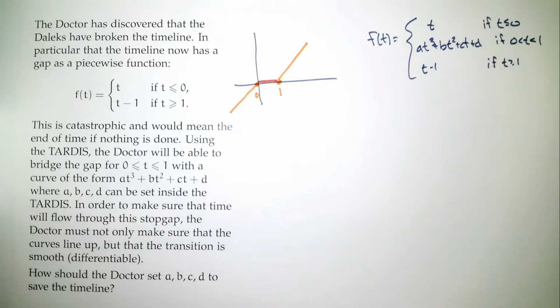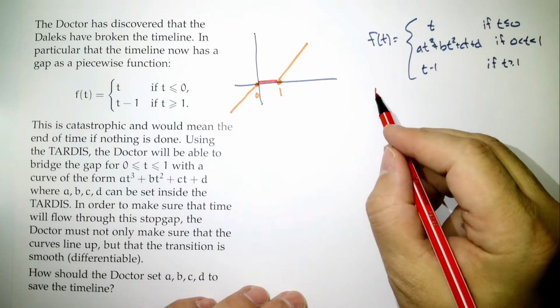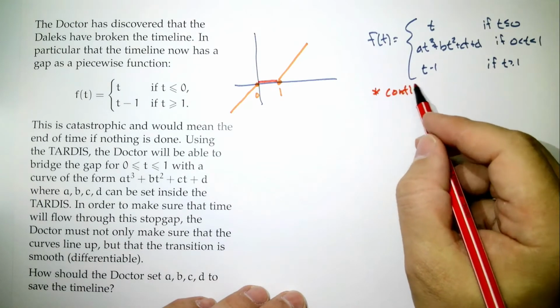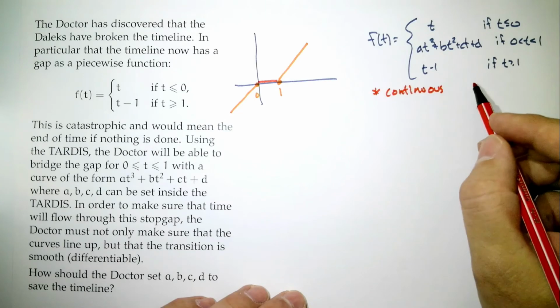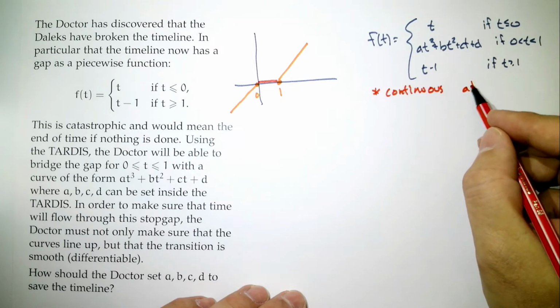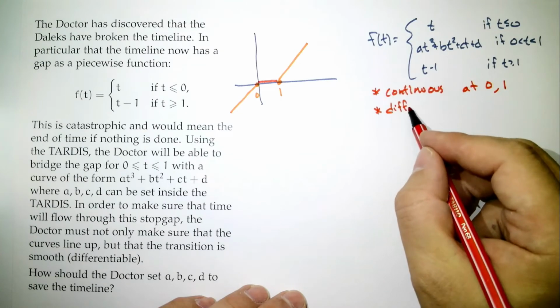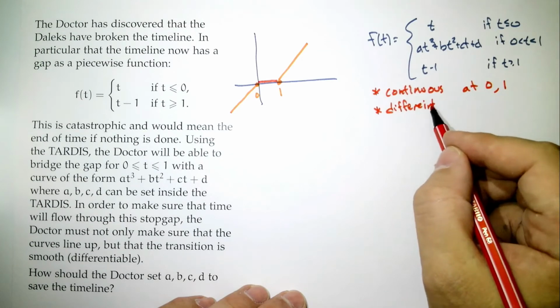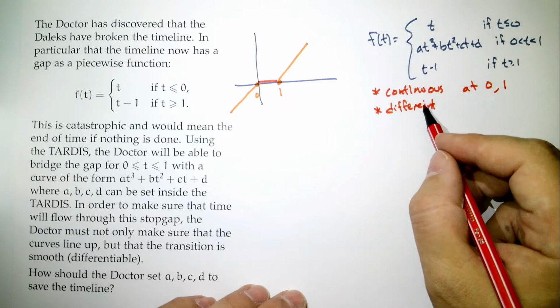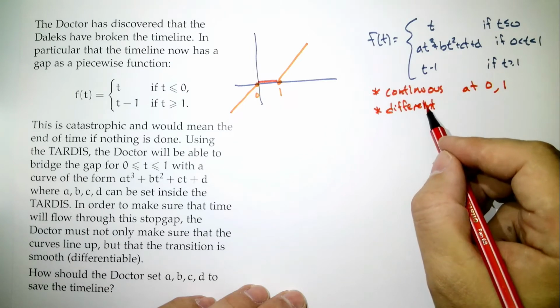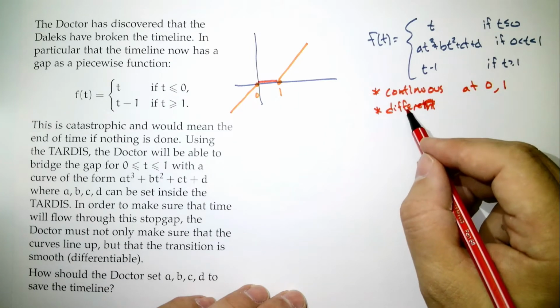So what do we need? Well, we need a couple of things to happen. We need it to be continuous, and that means that everything does line up, at 0 and 1, and we need it to be differentiable. I can't spell the word differentiable, so I'll abbreviate, diff.